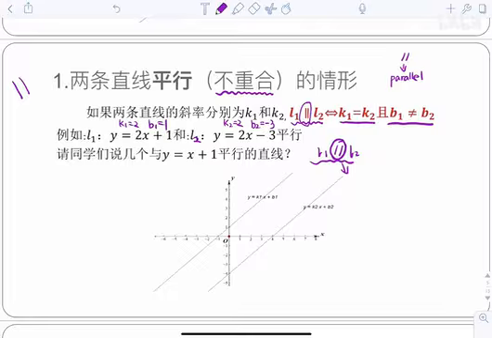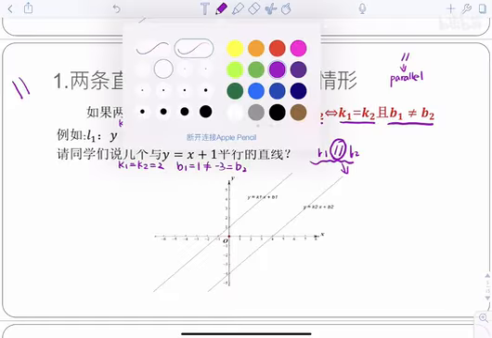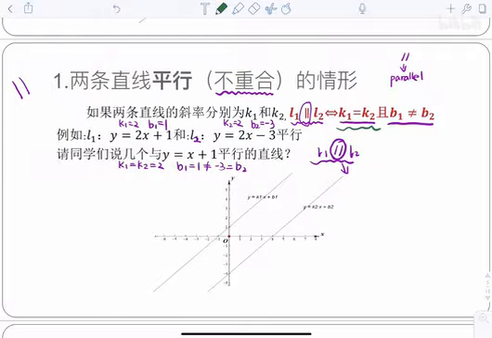So we can see K1 equal to K2 equal to 2, B1 equal to 1, not equal to minus 3, which is B2. So it meets this condition. So I can say L1 parallels L2.